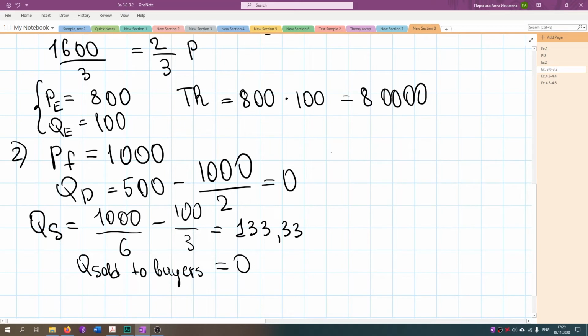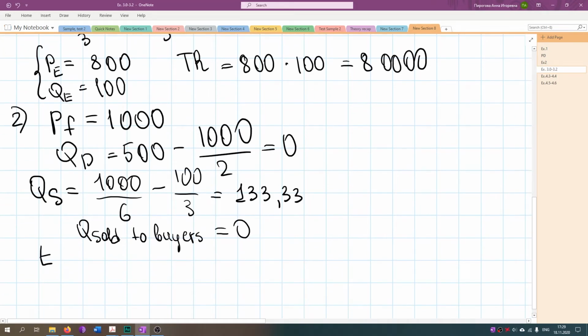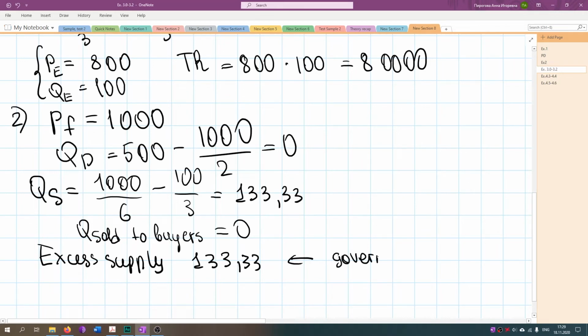And we know that the government agreed to buy the excess supply from the market, and in our case, excess supply is exactly the number of quantity supplied, and it will be purchased by government.